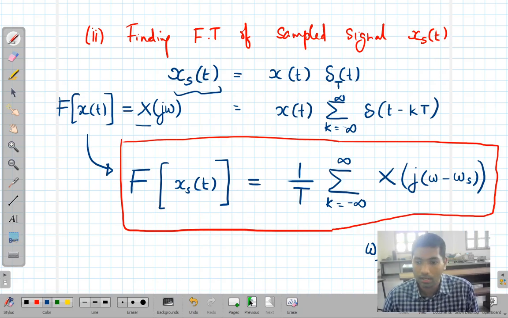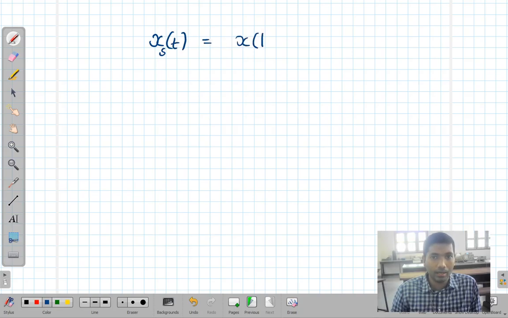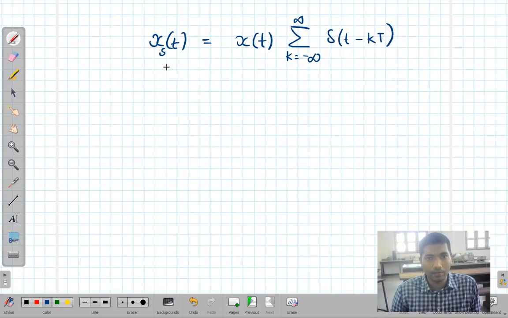It is very important to understand this Fourier transform. So let me explain the problem at hand once again. We have the signal x s of t, which is x of t multiplied by summation k equal to minus infinity to infinity del of t minus kT. What is the Fourier transform of x s of t?